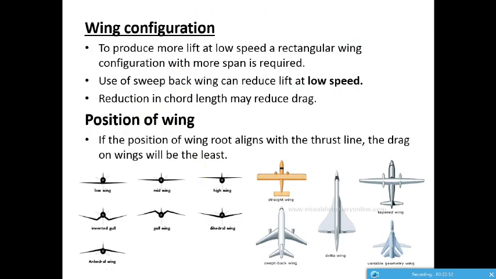So, wing configuration. Wing configuration is one of the main advantages of a fixed wing aircraft, because unlike rotorcraft that generates lift with the rotation of the rotor, fixed wing aircraft can have multiple options to serve different purposes, such as low wing, high wing, a wing with a dihedral, shoulder wing, anhedral wing, and many other configurations.